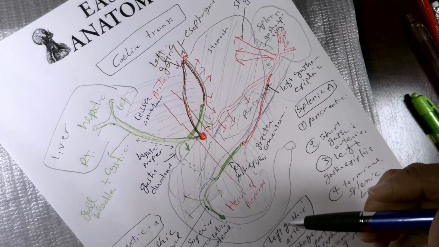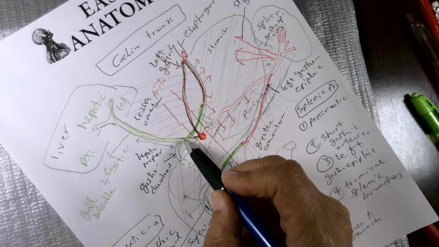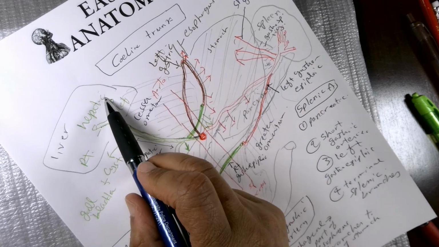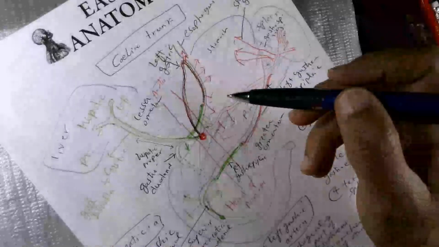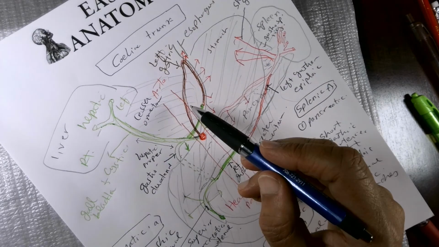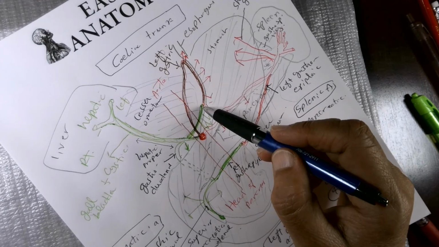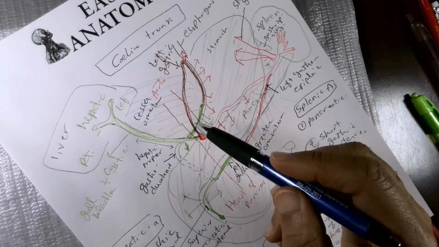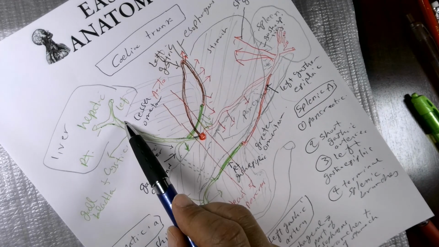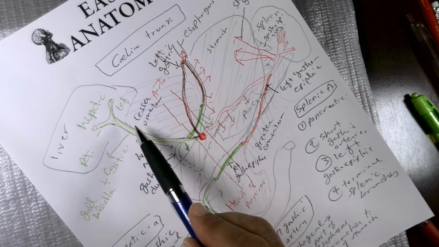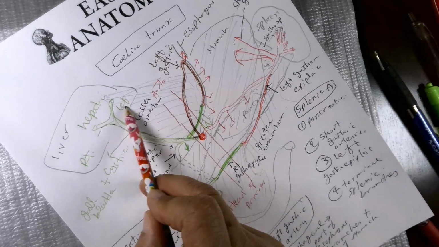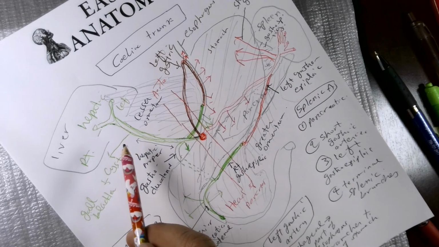Second, this lesser omentum, the peritoneal fold which connects the stomach with the liver, contains several structures. At the attached border here, okay, you have right and left gastric. At the free margin here, which we call the hepatoduodenal ligament, this is the free margin. You see, this is the hepatogastric ligament, but this part is the hepatoduodenal ligament.